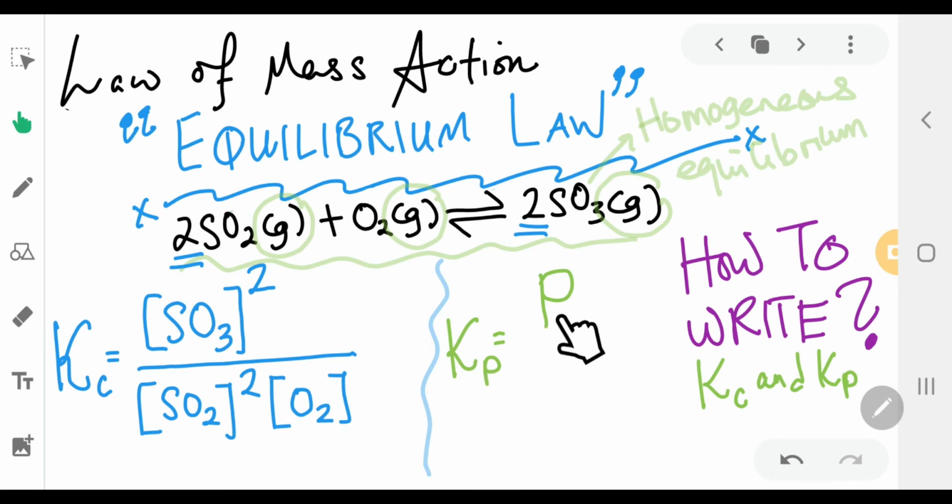So you're going to write P over here, and SO3. Now you're going to put round brackets to the power of 2. Okay?